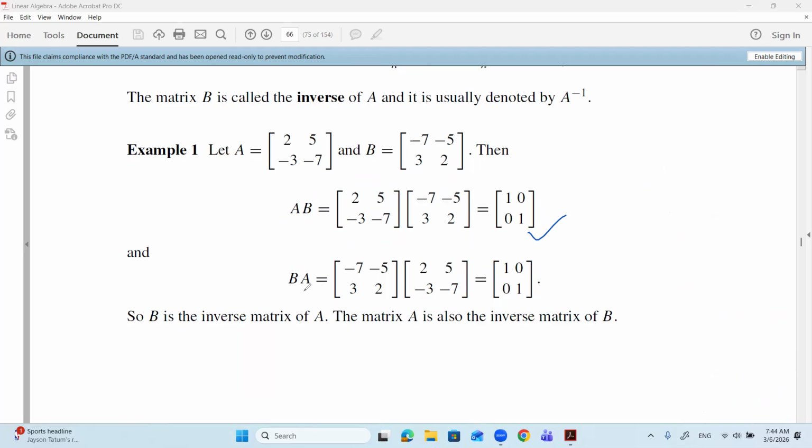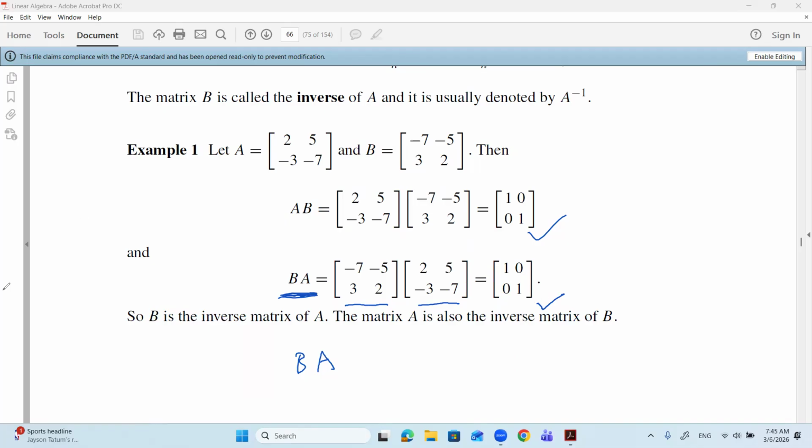And similarly, you can multiply B by A. This is the order BA, because AB and BA are different products. Now B is the first matrix, A is the second matrix. If you actually calculate the product, you will discover that the result is an identity matrix of 2 by 2.